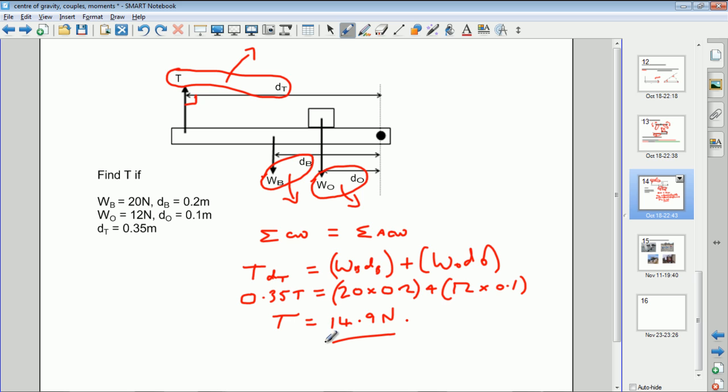Okay, so if you do it in this way, it simplifies it quite a lot, and you can actually do it in one line of algebra and then substitution. But the important thing is to identify them first and figure out which direction they're acting, and then write down an equation that satisfies the principle of moments. So all problems can be done in that way. That's a very good sort of foolproof method for doing it.